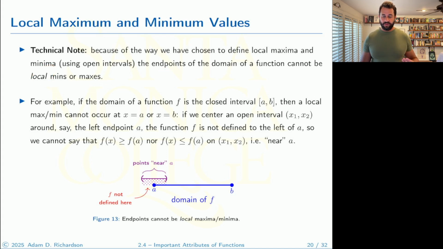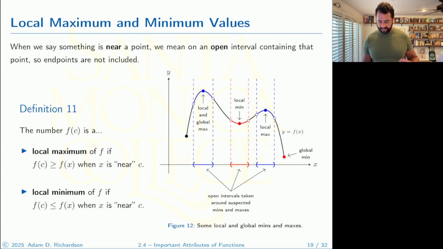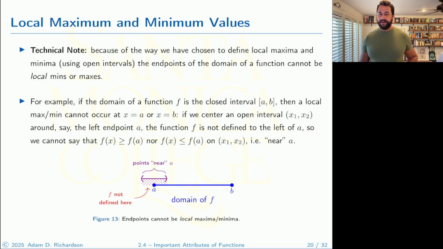This might feel a little bit weird, but in this example, this is not a local minimum, all right? The endpoints of the domain of a function cannot be local minima nor local maxima. Might feel weird, but there's a reason for it.